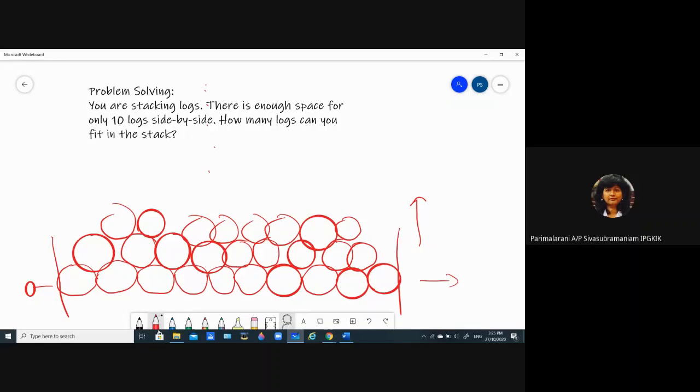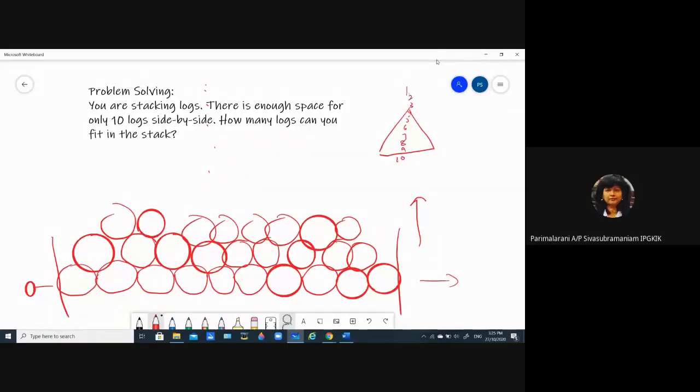So how many logs can you fit in the stack? What will be the shape of the stack? A triangle. Yeah, you know that it will be a triangle. So you have 10 here, 9, 8, 7, 6, 5, 4, 3, 2, 1.